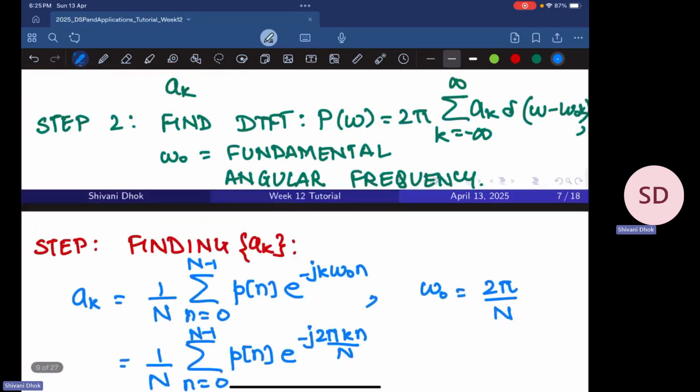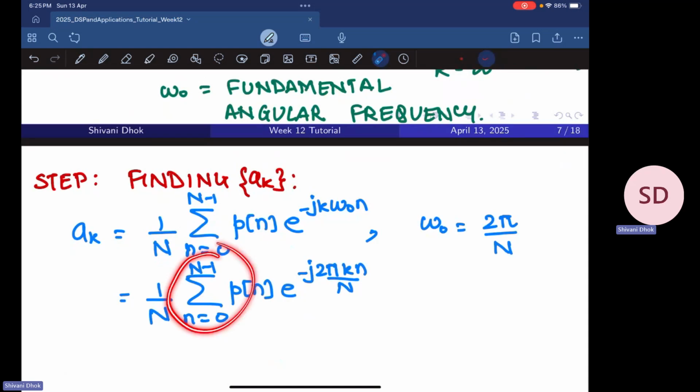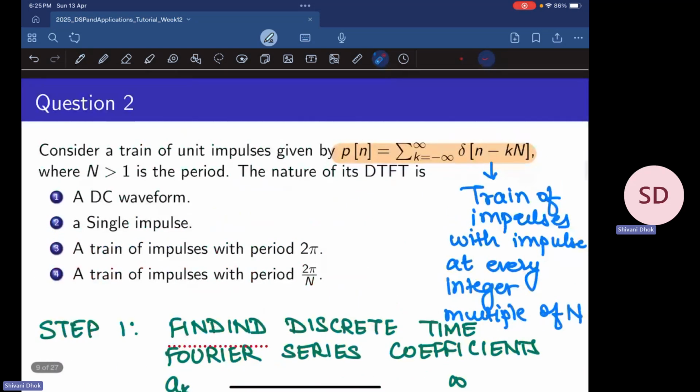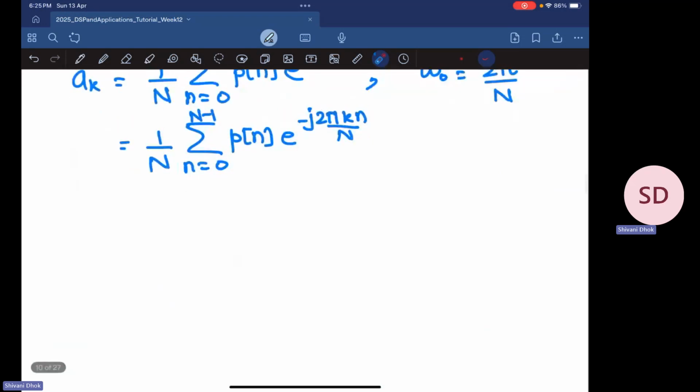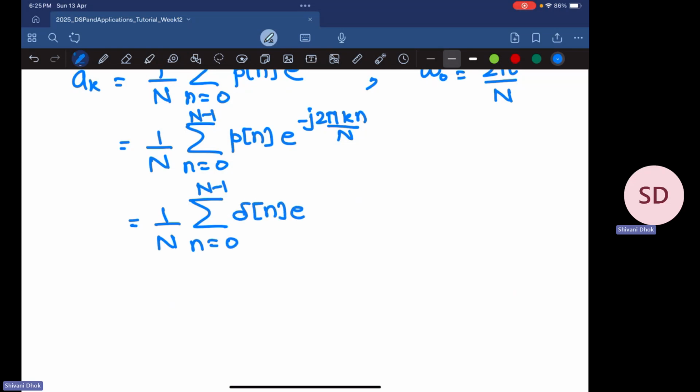Okay. Now what is p of n in this range? p of n is a train of impulses like this. So if I have n from 0 to N minus 1, in that range my p of n is simply delta of n. Okay. So here we have 1 over N summation n running from 0 to N minus 1 unit impulse into e power minus j 2 pi k n by N. Now we'll use the shifting property of this equation.